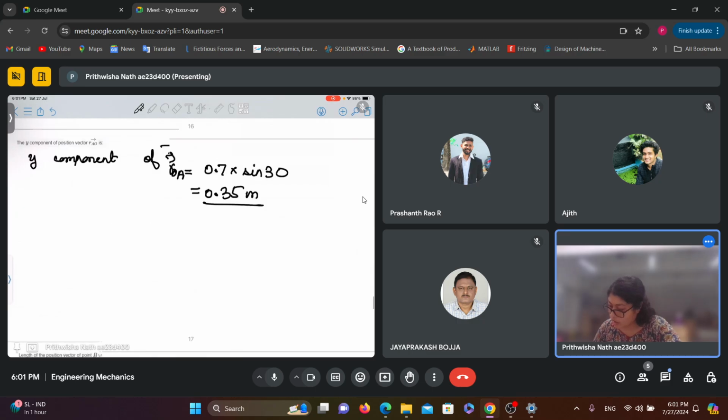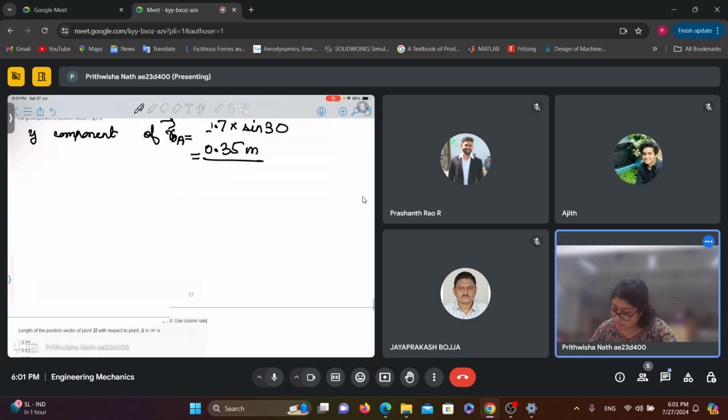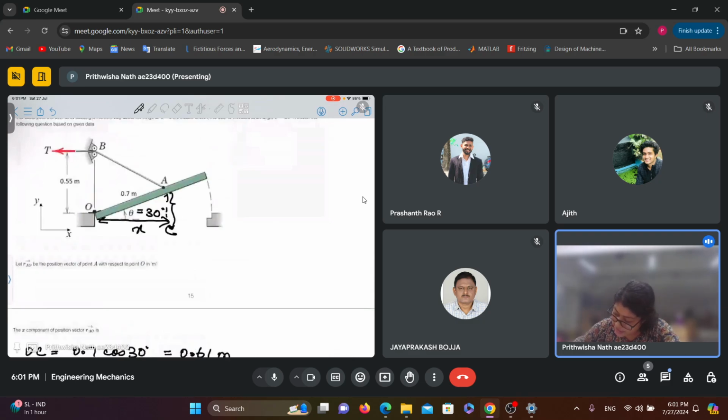Now, the length of the position vector of point B with respect to A in meter. So this length we need to calculate.